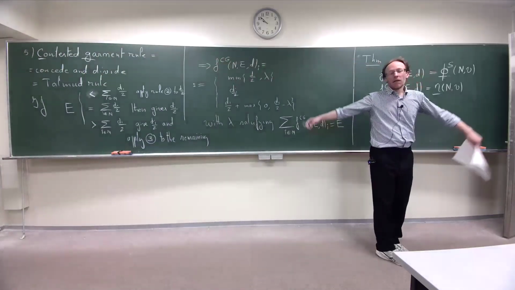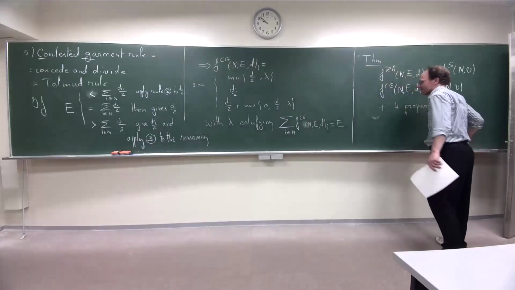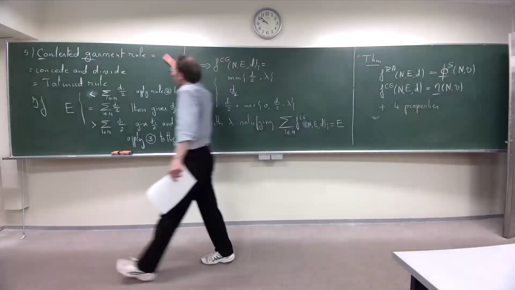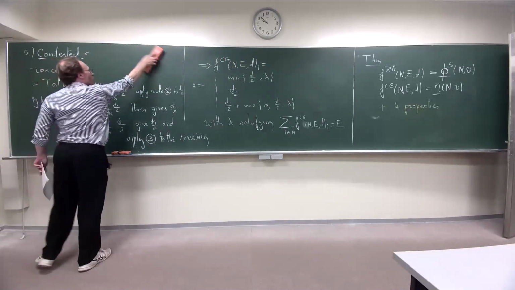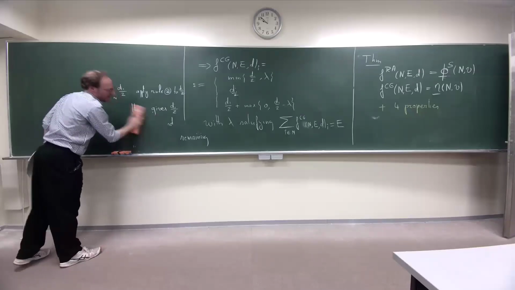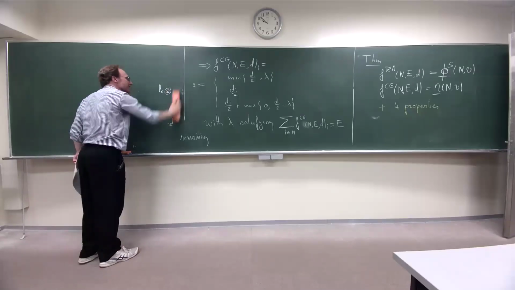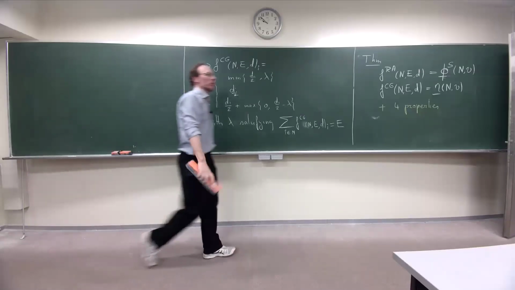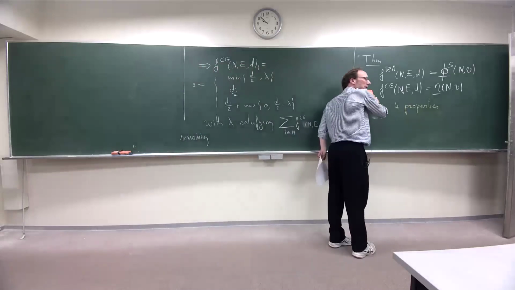In that contested garment rule, if you want, you can probably develop your own rule. It will be your own rule, and you can put a third. But if you don't put a half, you will not satisfy this.